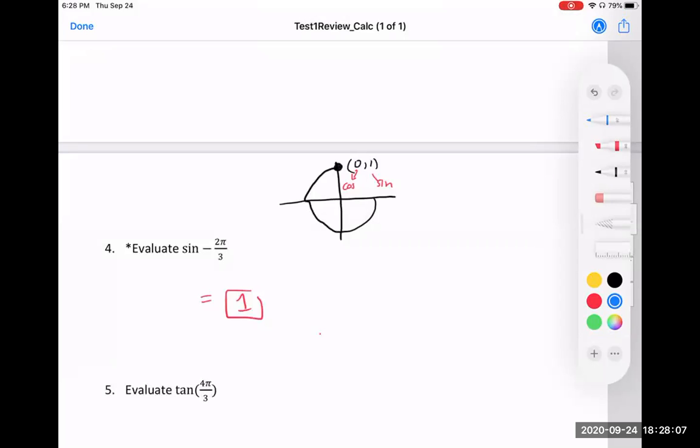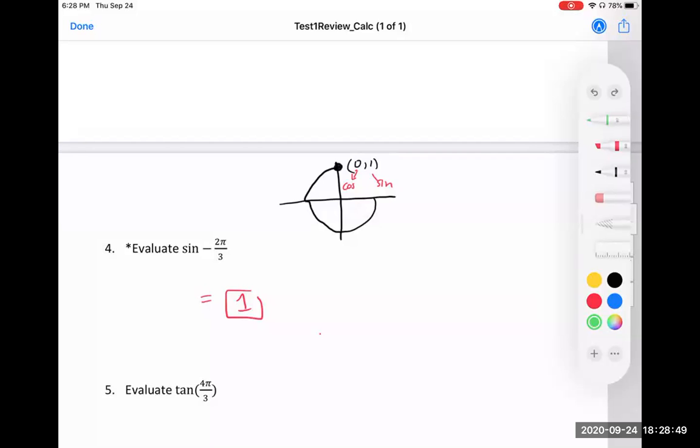So I said that the negative is just direction. When we work with the unit circle, we go counterclockwise, right? We go this way. Since we have a negative, we're going to go this way. If we're working with degrees, negative 120 plus 360 will get us to 240.